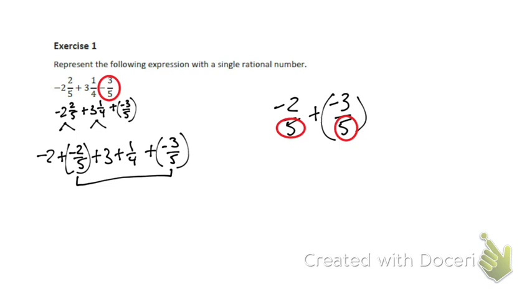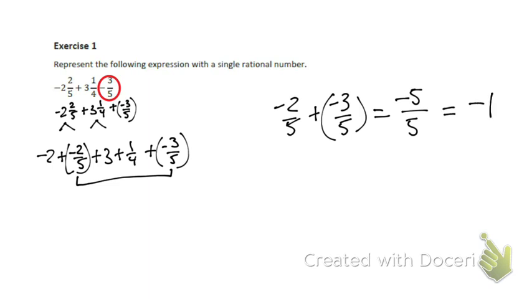They're the same, so that's good. So when we add them, we add the numerators: negative 2 plus a negative 3. Negative 5, right? So you get negative 5. And on the bottom, remember when you're adding fractions, it stays the same. Right here, what's 5 over 5? Hopefully you remember that 5 over 5 is 1. But it's not 5 over 5, it's negative 5 over 5. So this becomes negative 1.